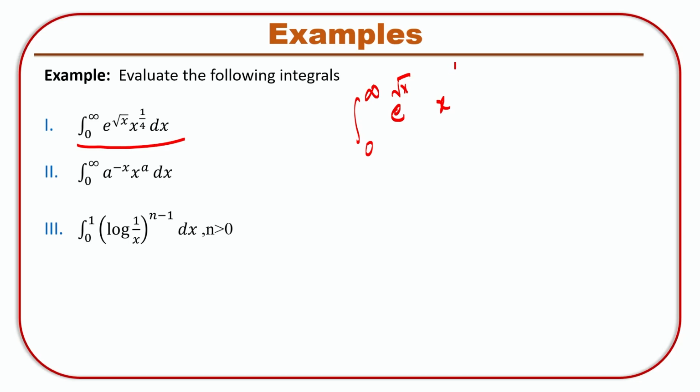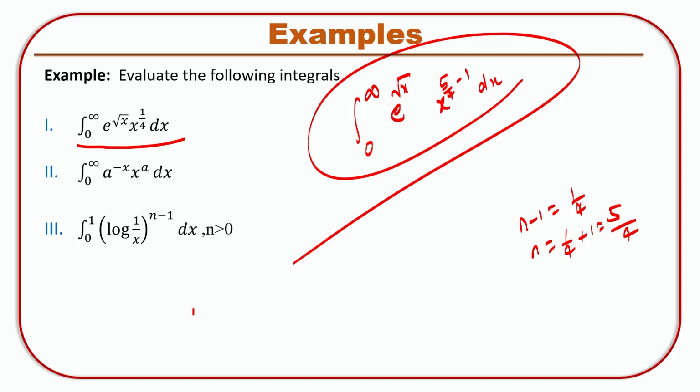How can I write this? n minus 1 equal to 1 by 4, so n can be written as 1 by 4 plus 1, equal to 5 by 4. So x to the power 5 by 4 minus 1, dx, and evaluate it by using the formula directly, e to the power minus k into x and so on. We have done this one, so you can use it directly.